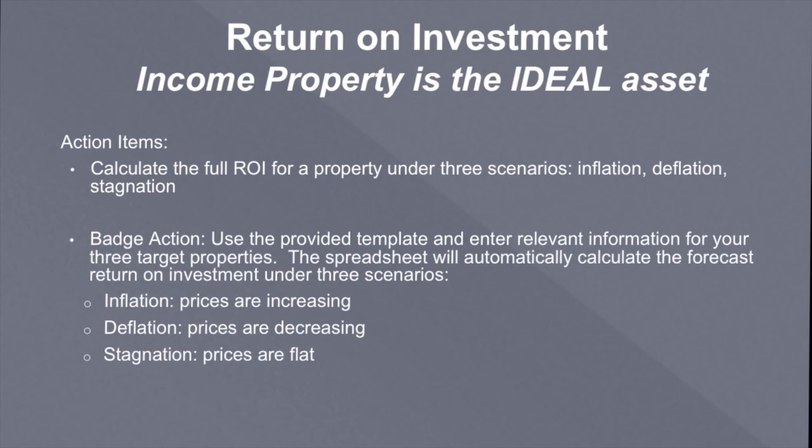Your badge action will be to use the template, enter the relevant information, and you can do this for 3 target properties. That would even be better. And then the spreadsheet will do the calculations for you based on inflation, deflation, stagnation, and just upload a screenshot and you'll get your badge, and we'll talk to you on the next lesson.